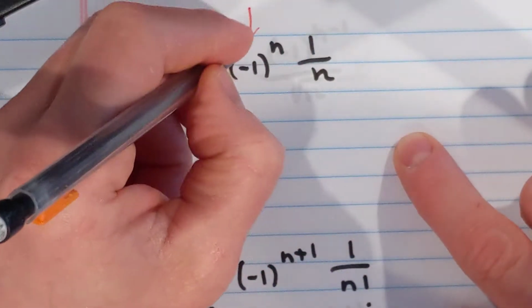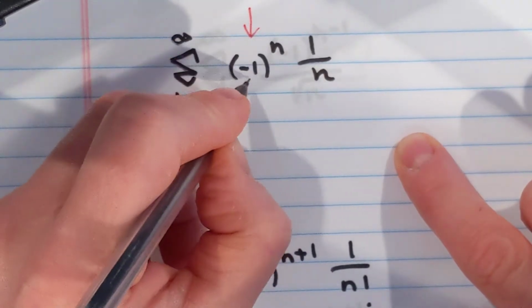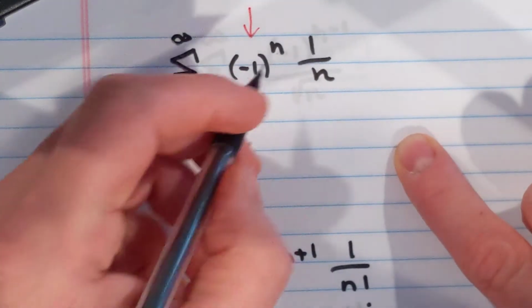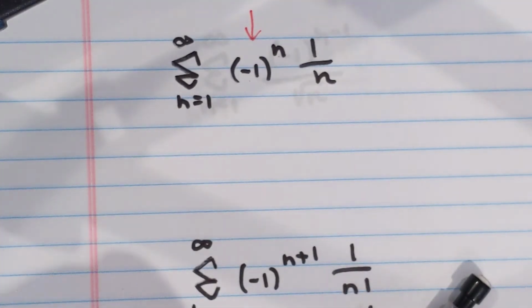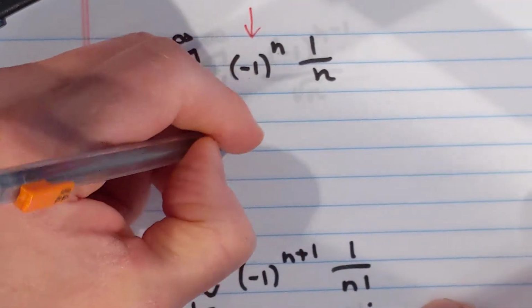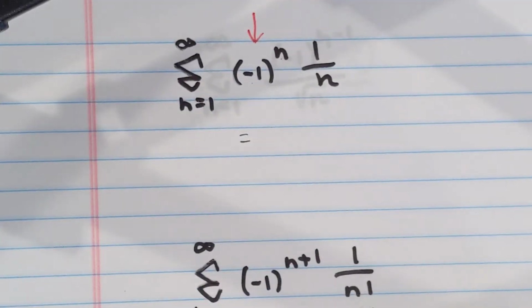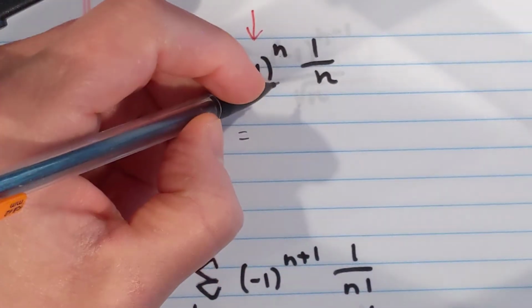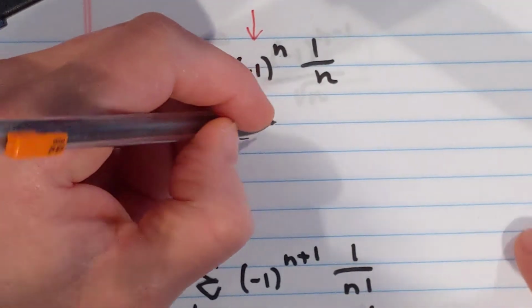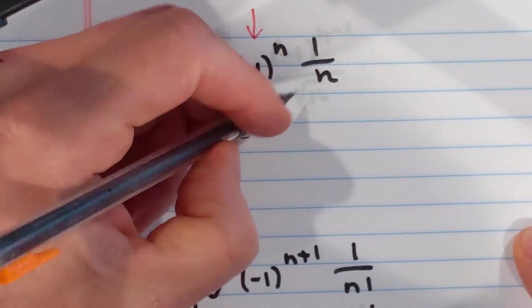As soon as I see this component, this -1 to the n, you'll notice that the function is going to alternate from positive to negative. It kind of doesn't matter what this part is at all, pretty much. I'll explain that part in a second.